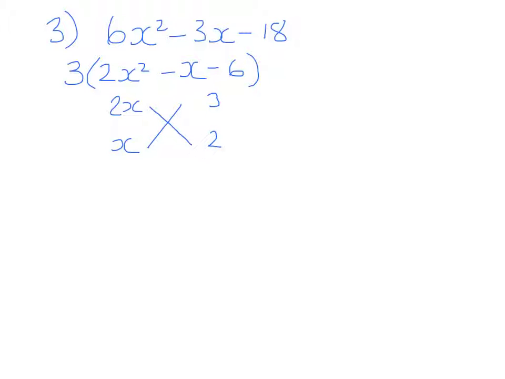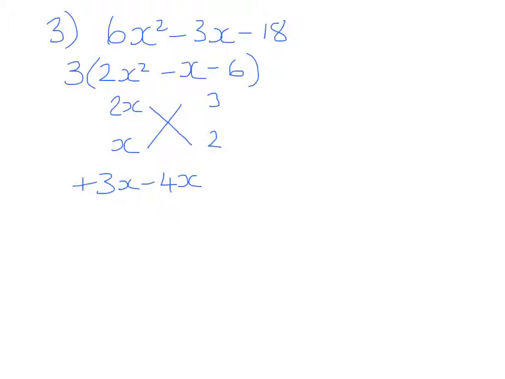If I look this way, that would give me 3x, and 2x times 2 would give me 4x. So I've got 3x and I've got 4x. Is there a way I could add them together to get an answer of negative x? In this case, I'd have to have a positive 3x minus 4x.